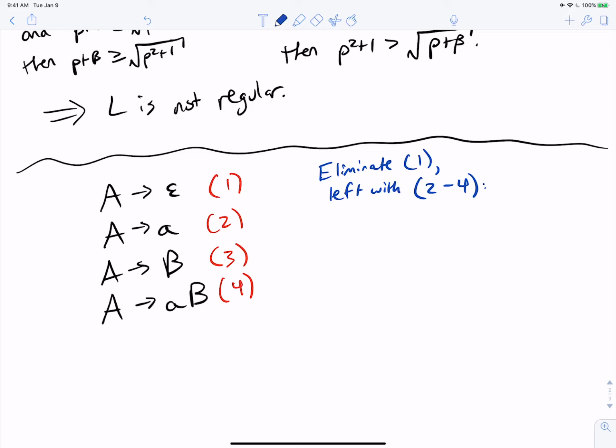So what do you think? Do we get the regular languages or do we miss some? Well, we missed the one that goes just empty. Yep. So that's all you would need to show.